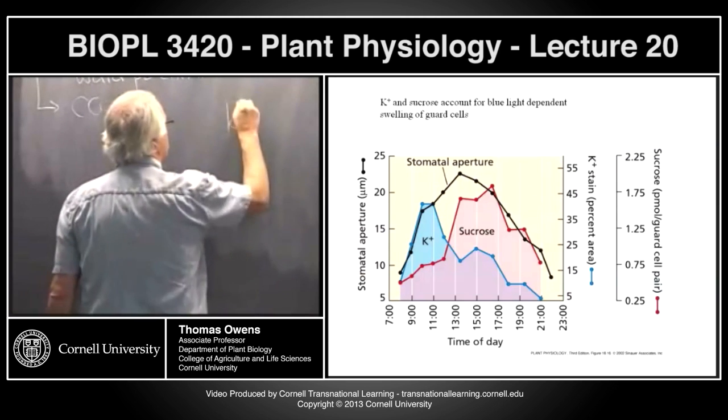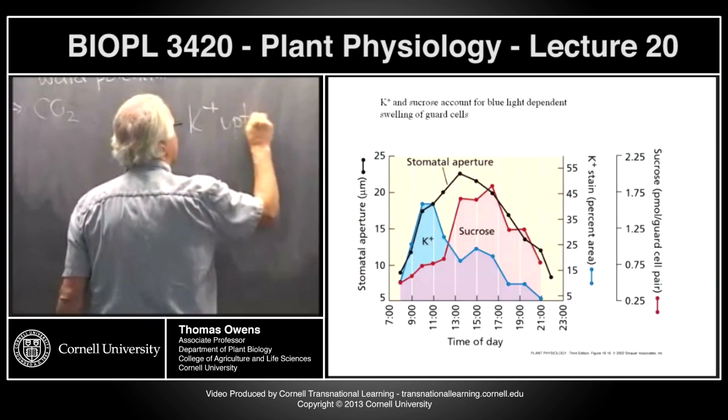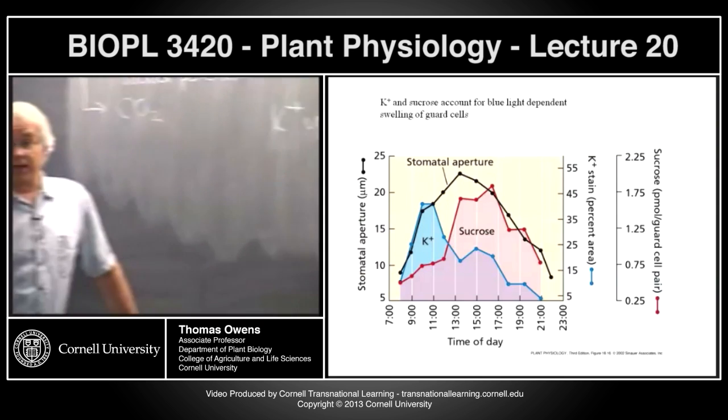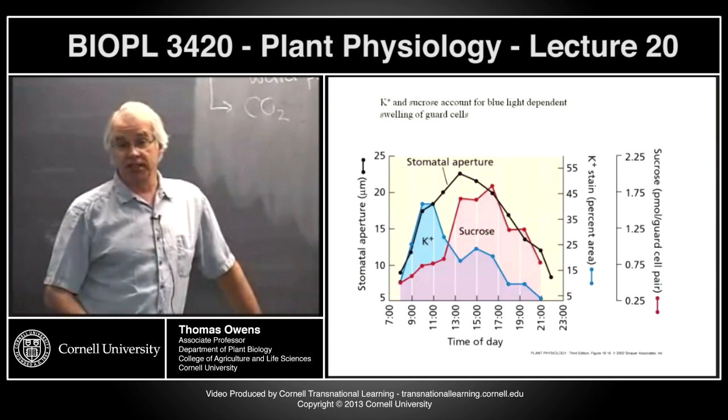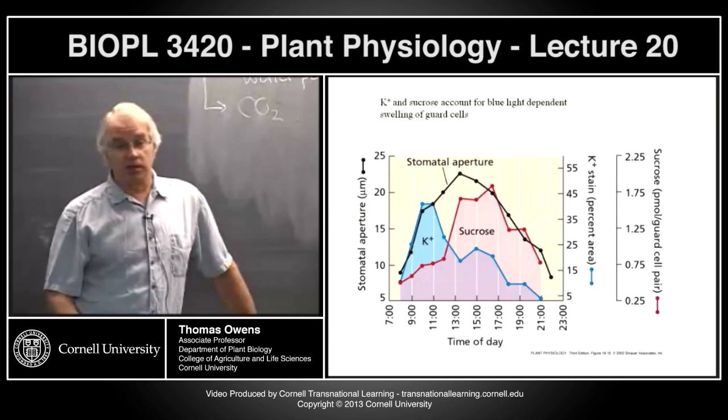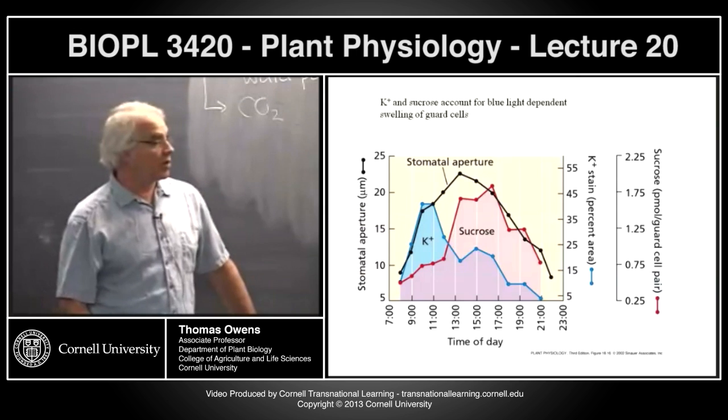and associated with the potassium uptake, if potassium uptake is going on, that's going to bring more positively charged things inside the cell. That should change the membrane potential. And yet the membrane potential goes through a transient, but it goes back to normal pretty quickly.